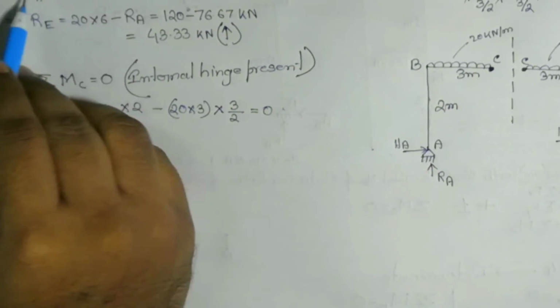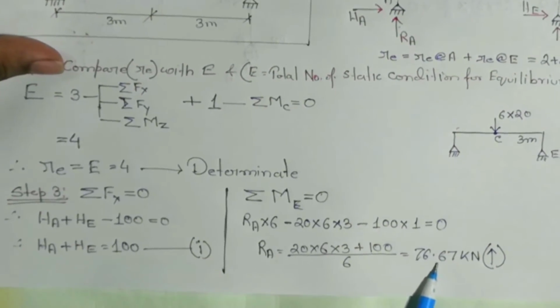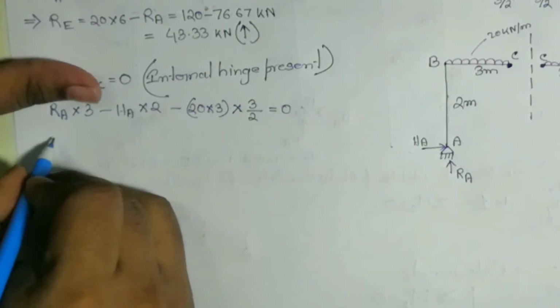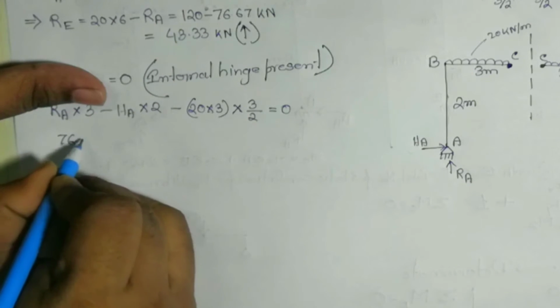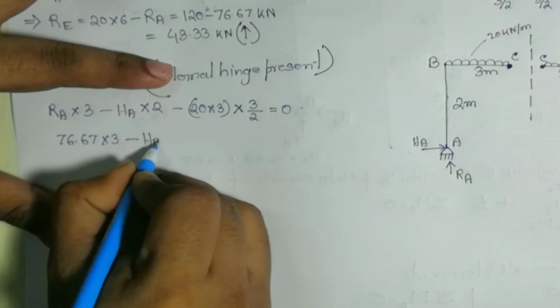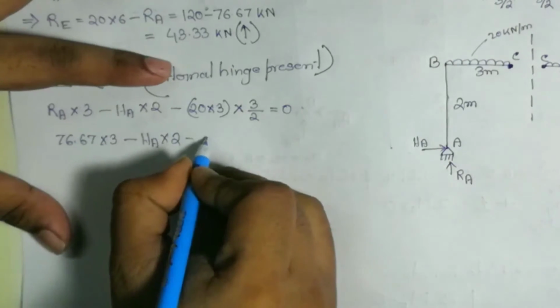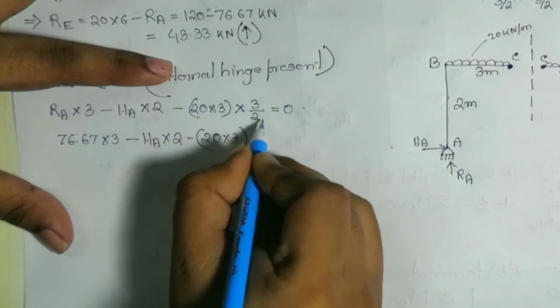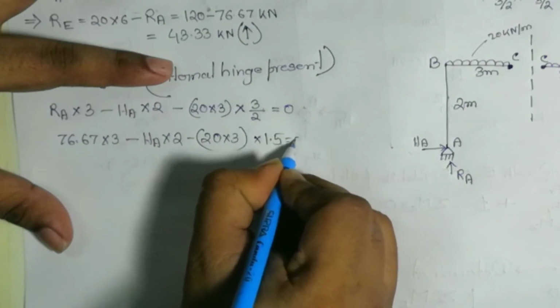Now we have already obtained the value of RA. It is 76.67 kilonewton. So after putting all the values together: 76.67 into 3 minus HA into 2 minus 20 into 3 into 1.5 equal to 0.